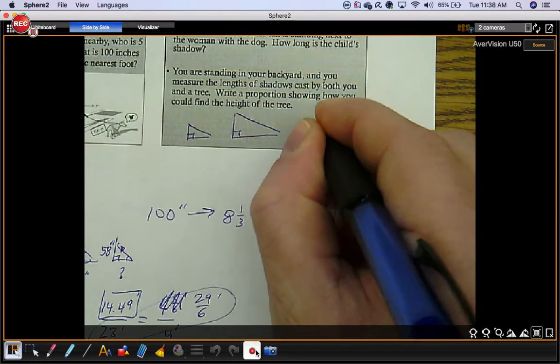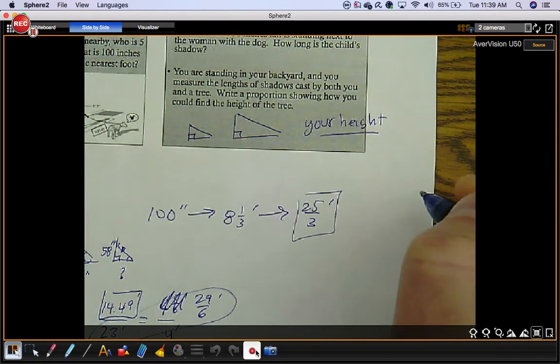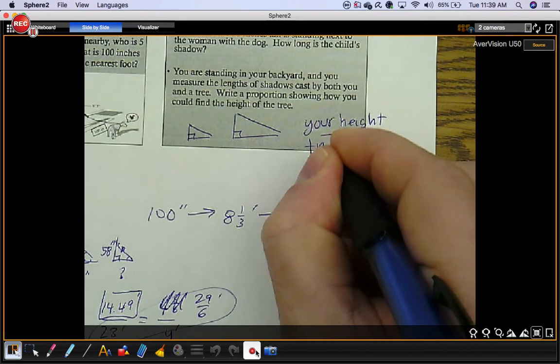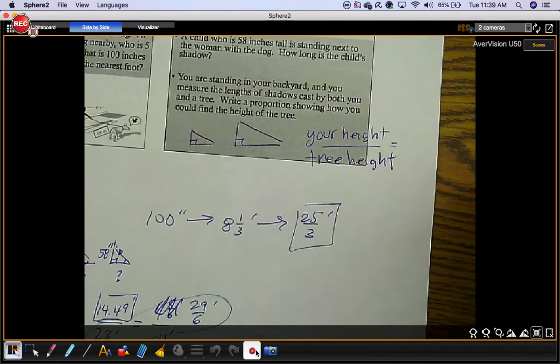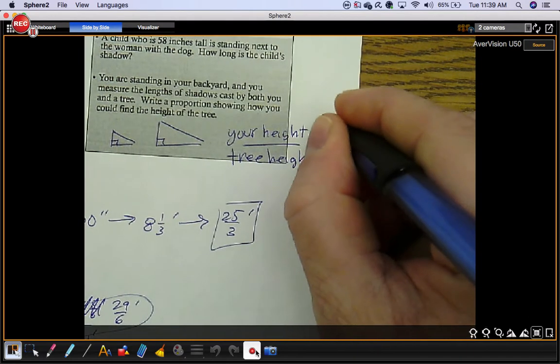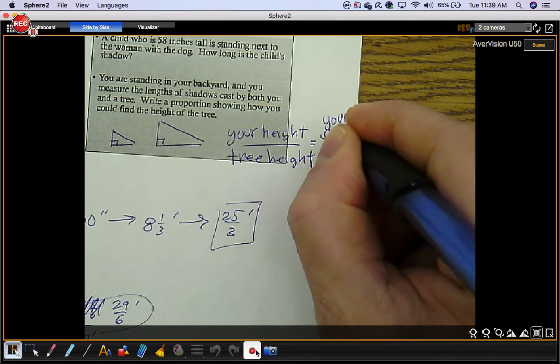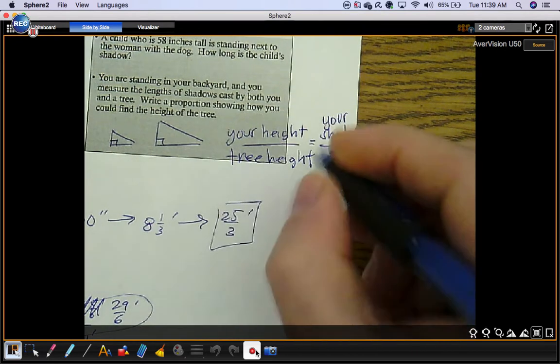So we're going to do your height divided by the tree height, and you're going to set that equal to your shadow, and I'm talking about the length there, divided by the tree's shadow.